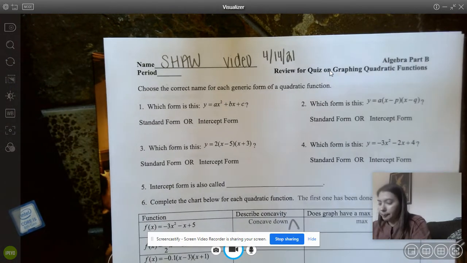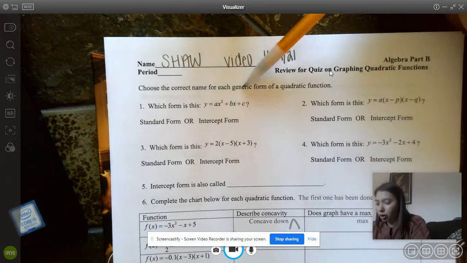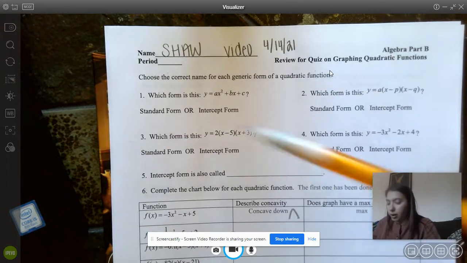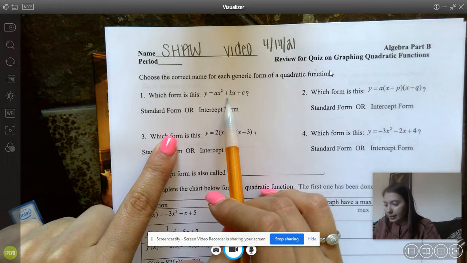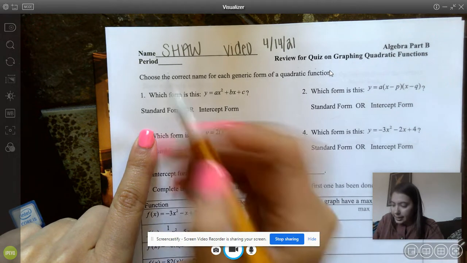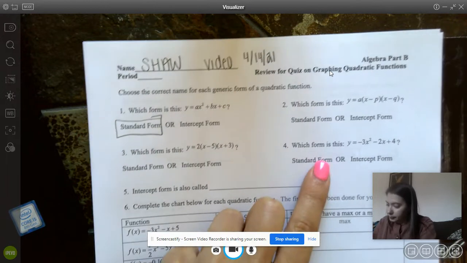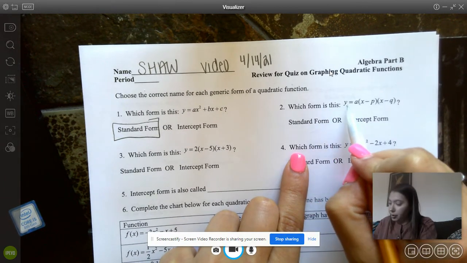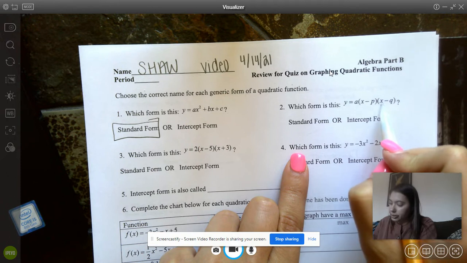Questions 1 through 4 are asking us to choose the correct name for each generic form of the quadratic function. So, for example, problem number 1, we see the form is y equals ax squared plus bx plus c. This is written in standard form. Example problem number 2 gives us the function y equals a times the quantity x minus p times x minus q.